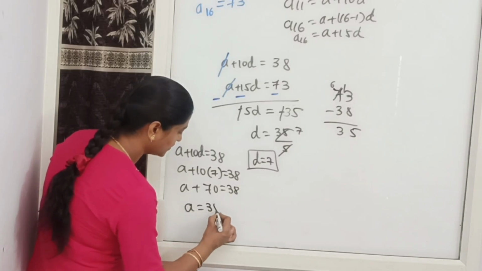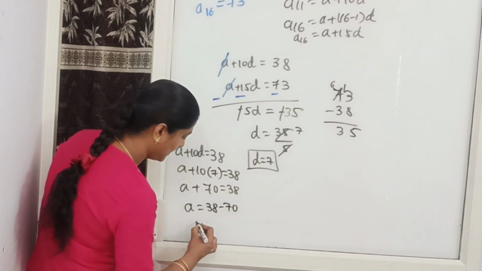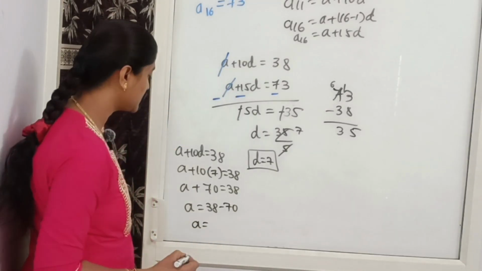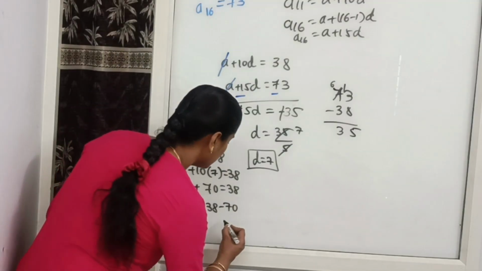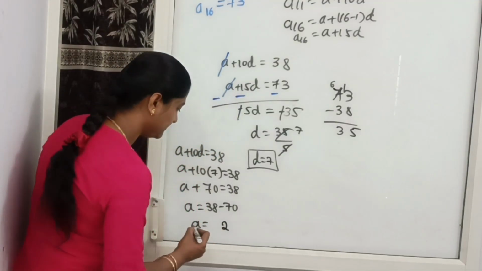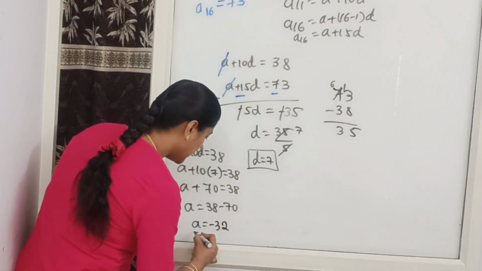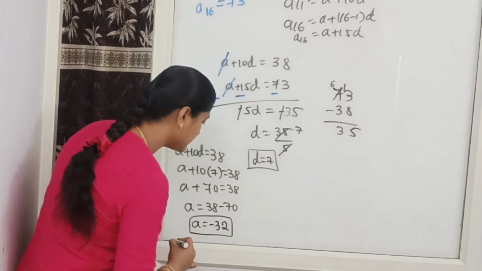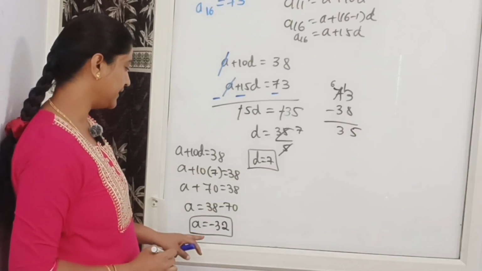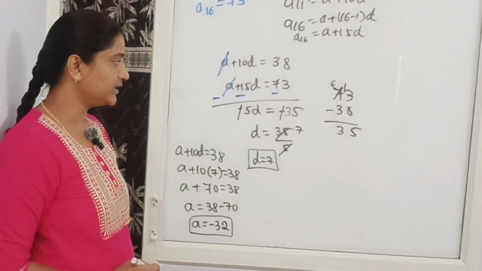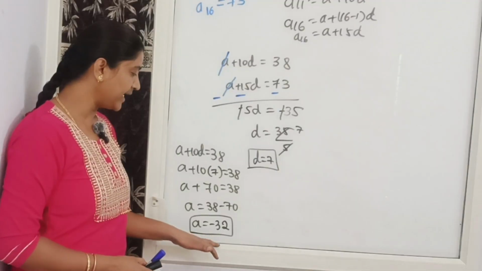So A is equal to 38 minus 70. Here the negative sign is there, so 70 minus 38. A is minus 32. We got A as minus 32.